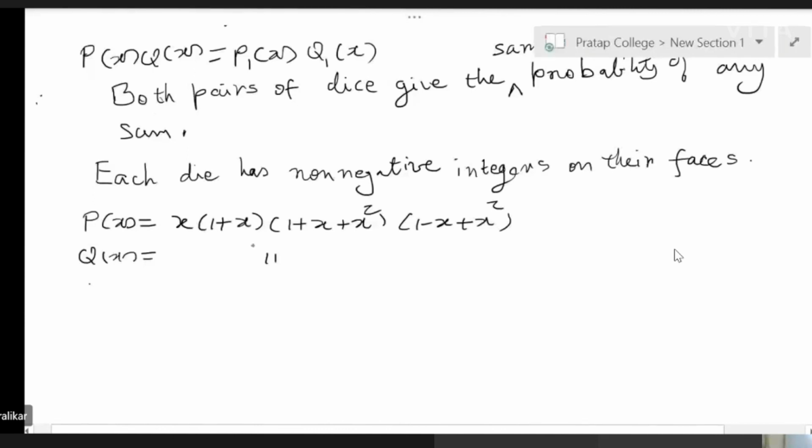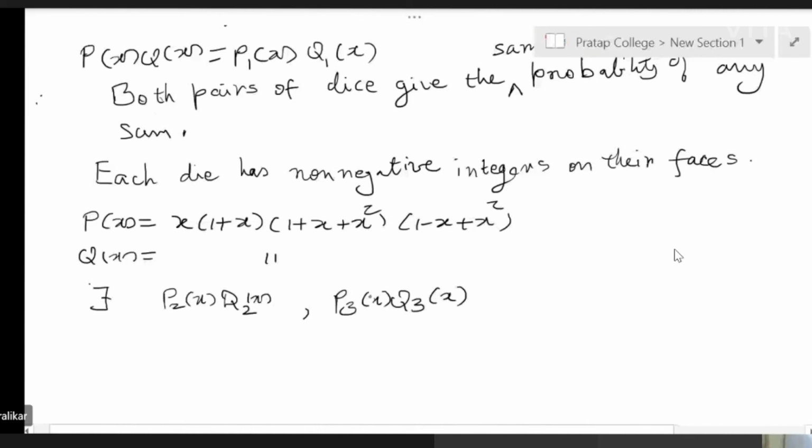So this is an extension of the problem. So there exist some pairs P2x, Q2x, and also P3x, Q3x. This is an exercise for you now. You should be able to do that.